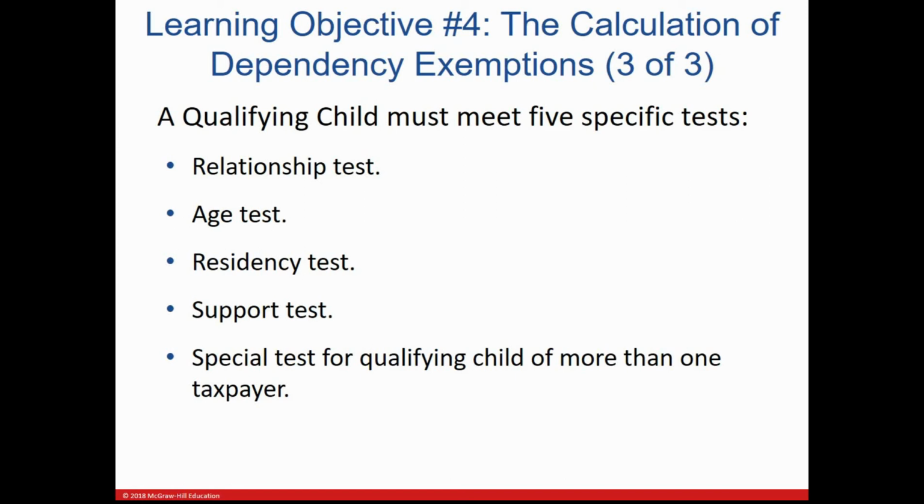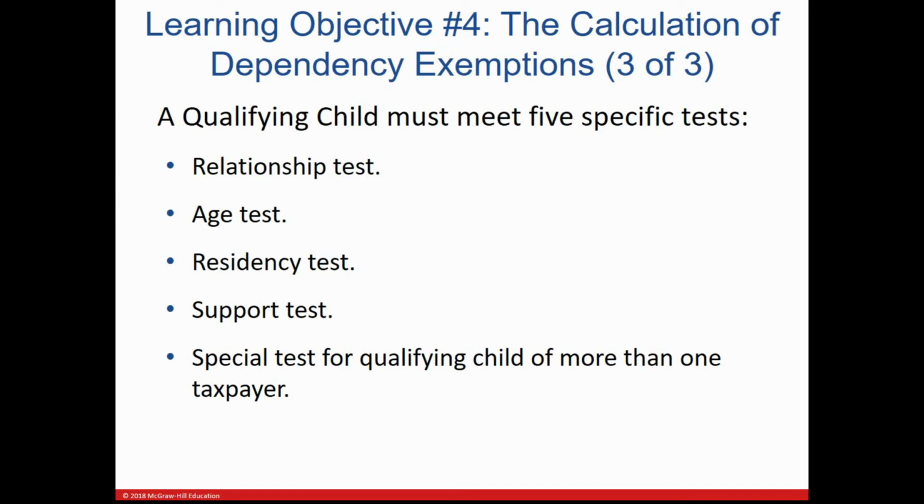For the age test, the child should be under 19, or under the age of 24 and a full-time student. Also, if the child is totally and permanently disabled, regardless of age, they would qualify as a qualifying child. Going back up to the relationship test for a minute, what is a person who qualifies as a child?